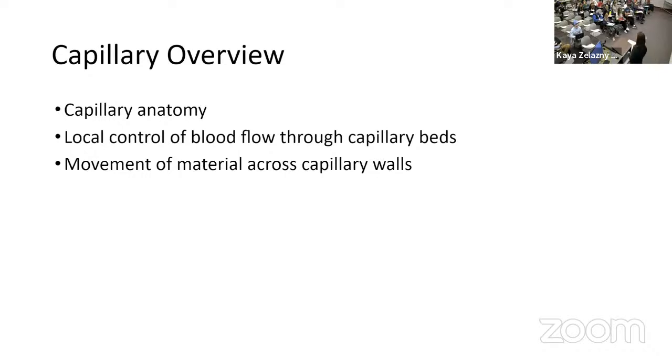Then we're going to be thinking about how we control blood flow through those capillary beds. And our big topic for capillaries ultimately is going to be how we actually move things between the blood and the tissue across our capillary walls. So if we don't get there today, that is a topic to preview over the weekend, because that's our next kind of chunky topic.